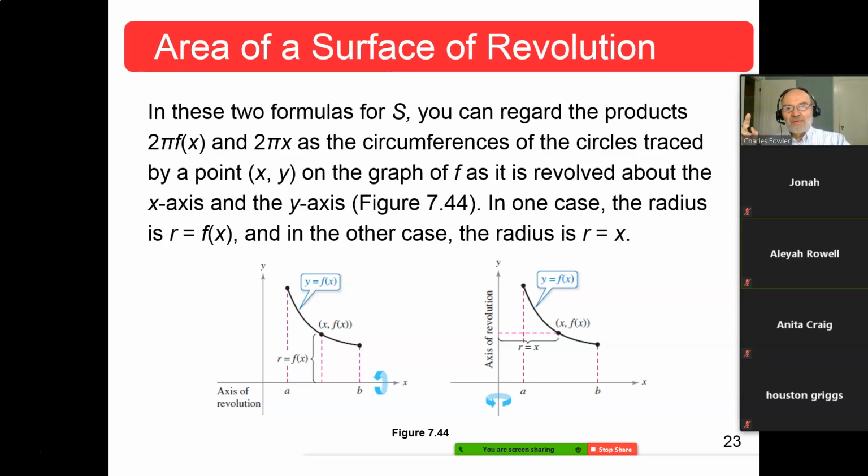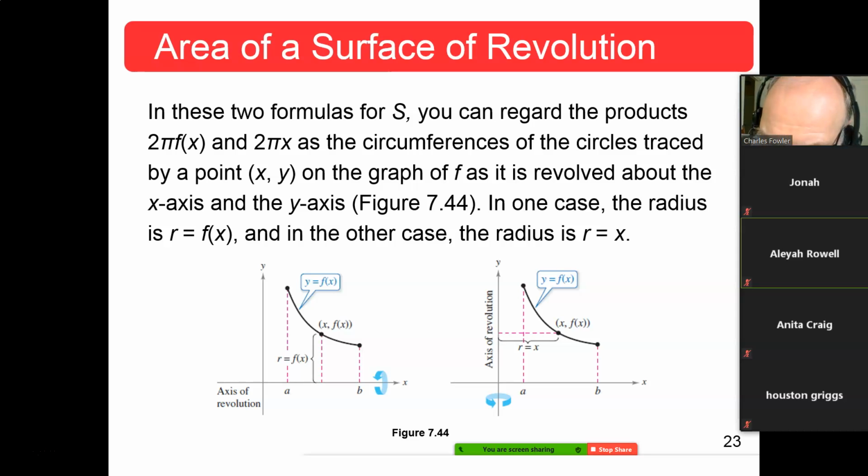In those two formulas for S, you can regard the products 2 pi f of x and 2 pi x as circumferences of circles traced around the point x, y on the graph of f as it's revolved around the x-axis, when you use f of x as your radius, and around the y-axis when you just use x as your radius.